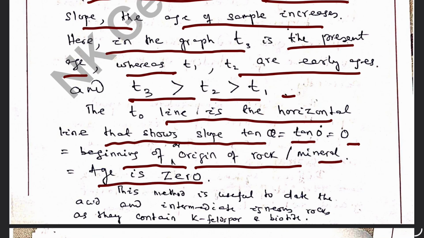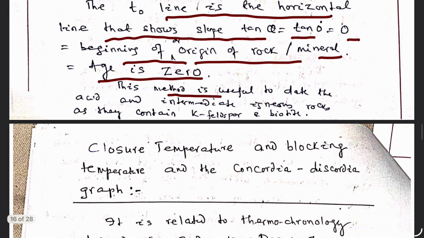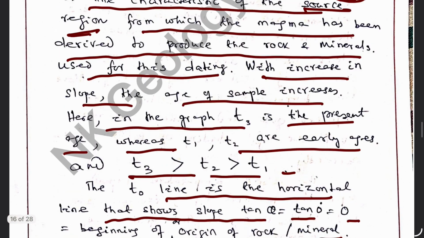That means that age is 0. This method is useful to date the acid and intermediate igneous rocks as they contain K-feldspar and biotite in abundance.